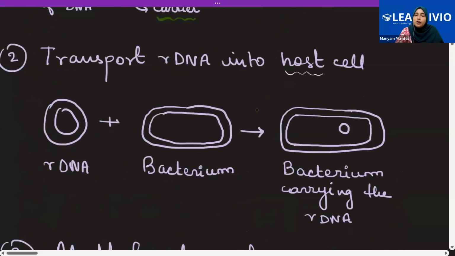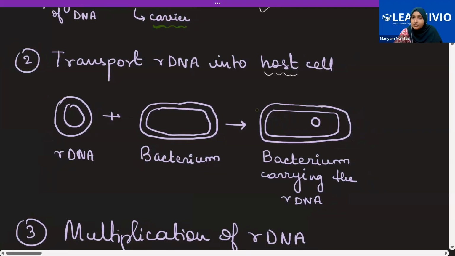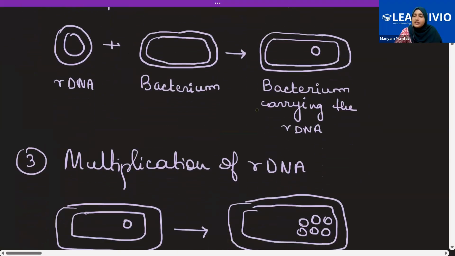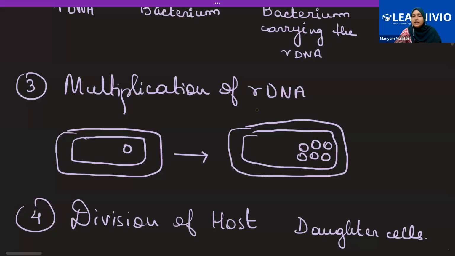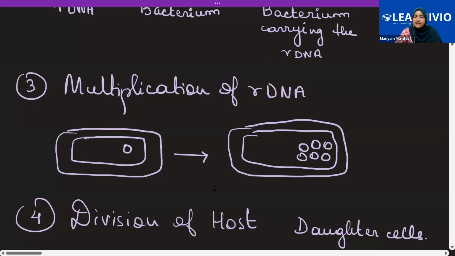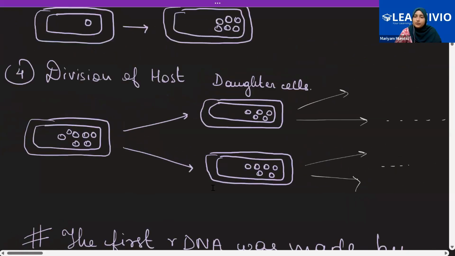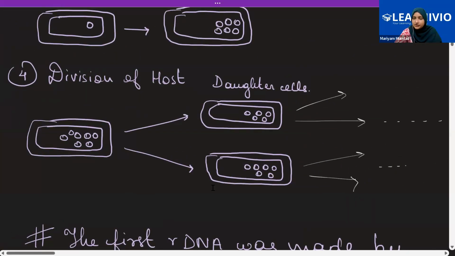So the recombinant DNA gets transported into the host cell, and when the host cell divides, for example, bacteria is the host cell, when the bacteria divides, then the recombinant DNA will divide, and it will go into the further generations.